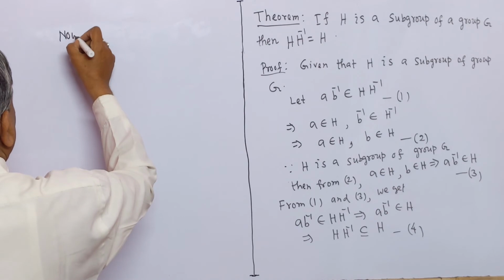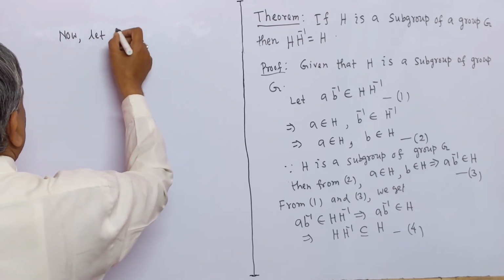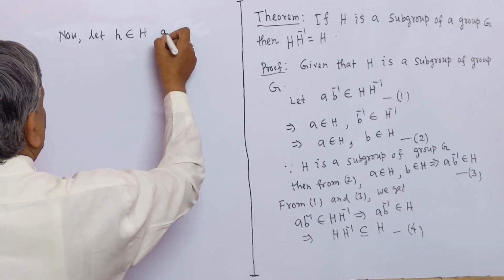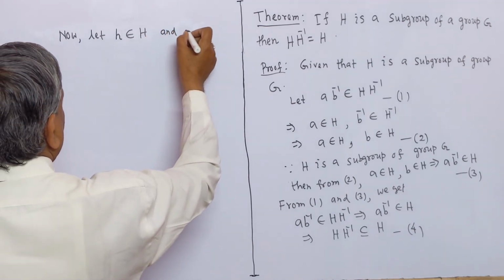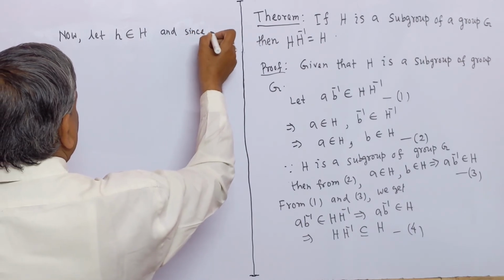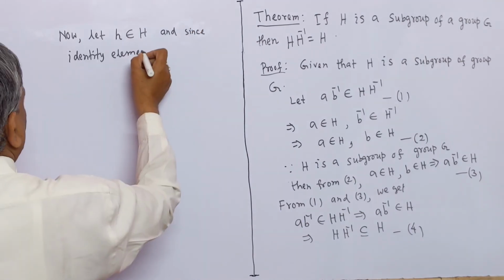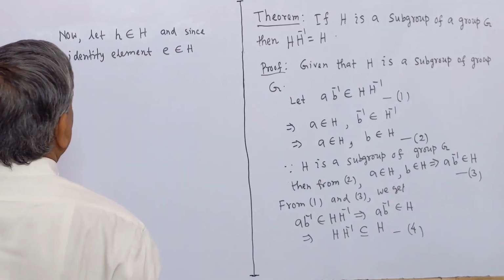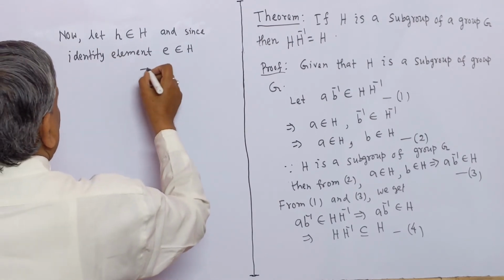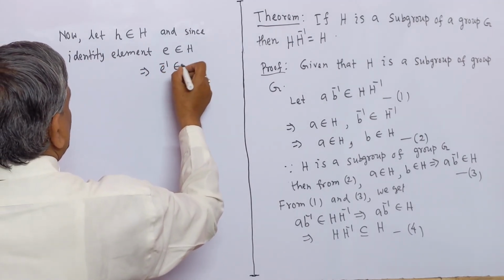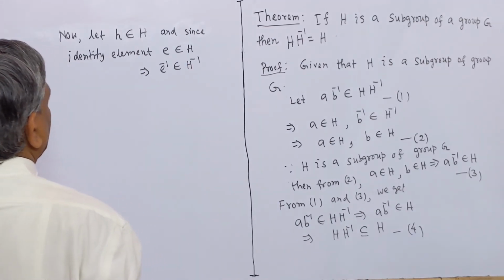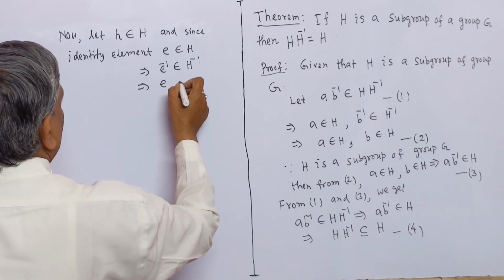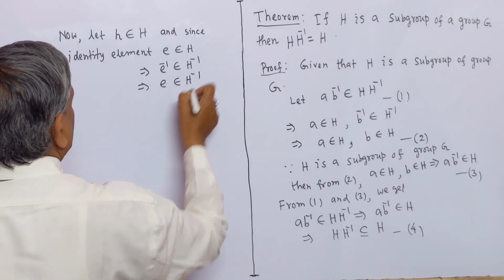Now let small h belong to subgroup H, and since the identity element e belongs to H, it implies that e inverse belongs to H inverse. e inverse means e belongs to H inverse.